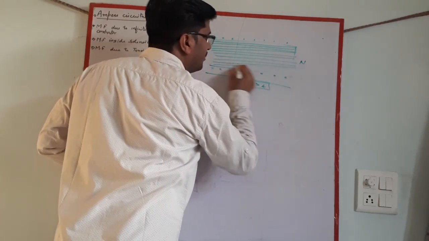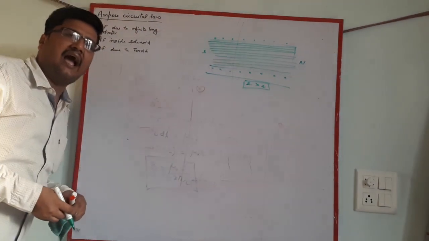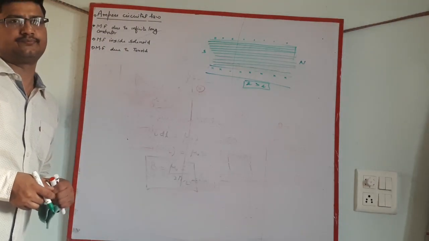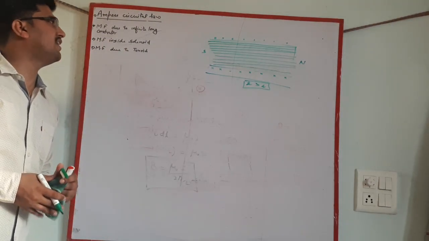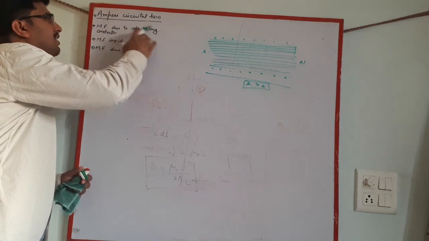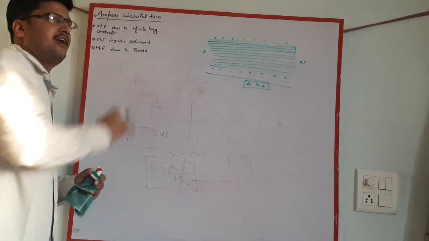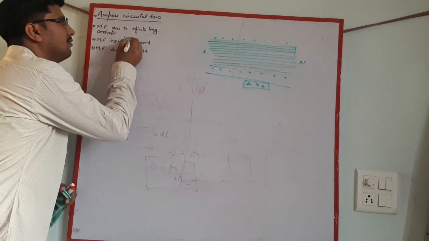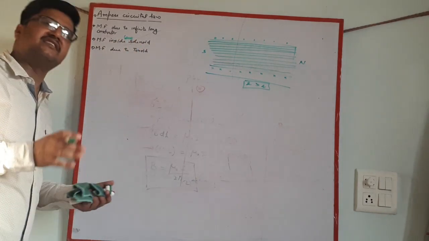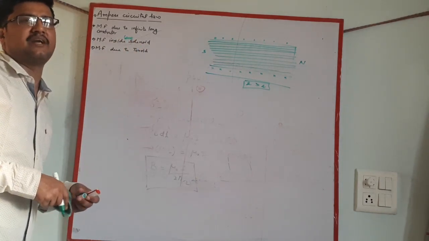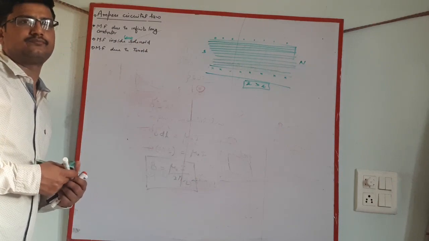And outside, the magnetic field is very weak and is taken to be zero. So when we talk about the magnetic field inside a long solenoid, we will find the magnetic field inside only, and outside we will assume the magnetic field is zero.